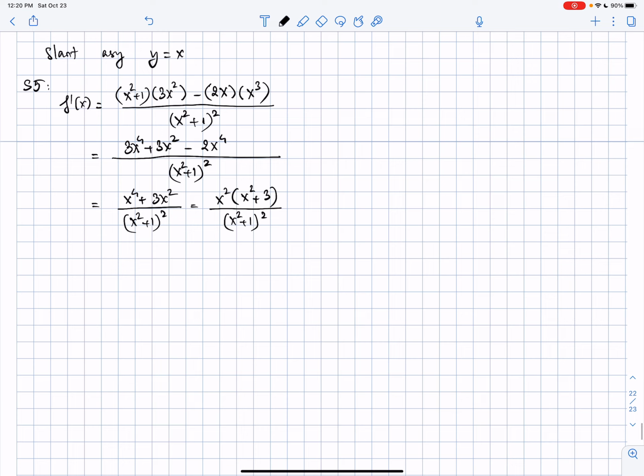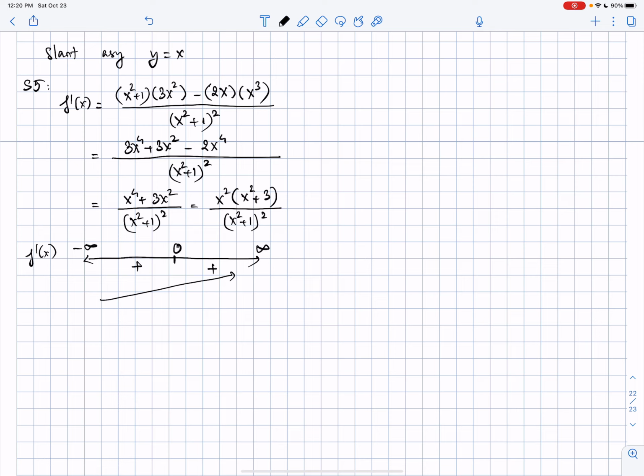The bottom can never be 0, so the zero of f prime of x is only 0. If you put the 0 in the middle and check each side, it's positive on both.